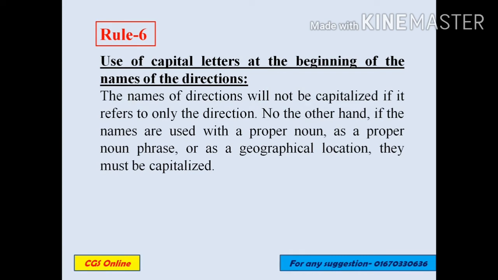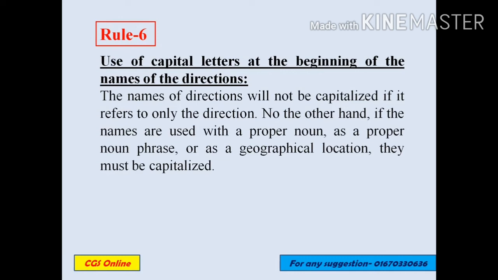In some cases, you will see that these names are also used for referring to geographical locations, or they are used with some other words as a proper noun.